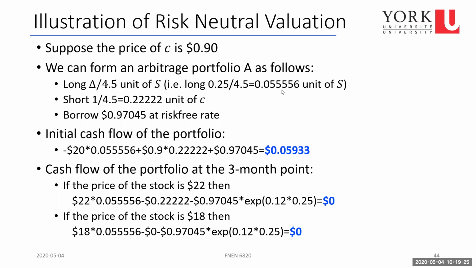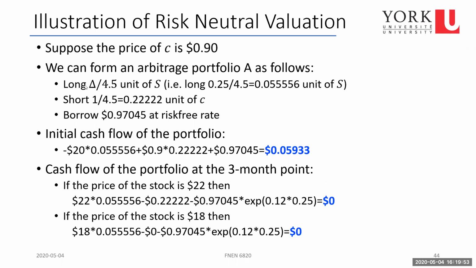Which means you can long 0.055 units of S. And let's say you fund the portfolio by also shorting 0.22 units of C, and you borrow basically 97 cents at the risk-free rate. So what's going to happen?